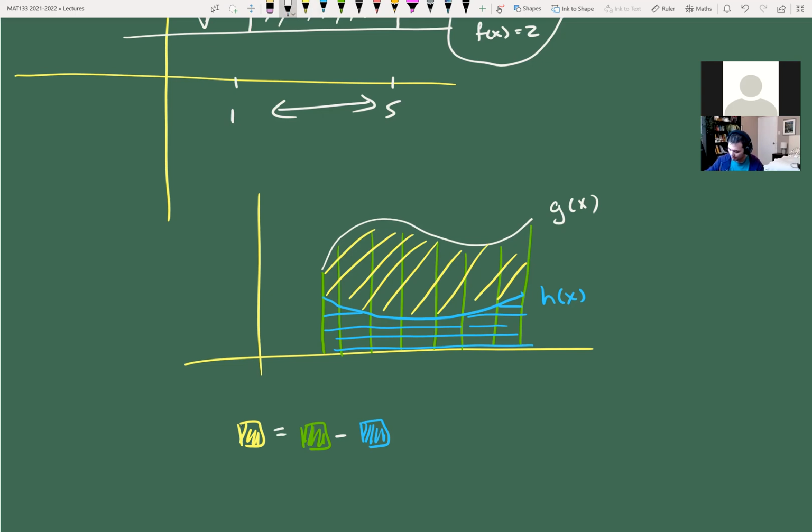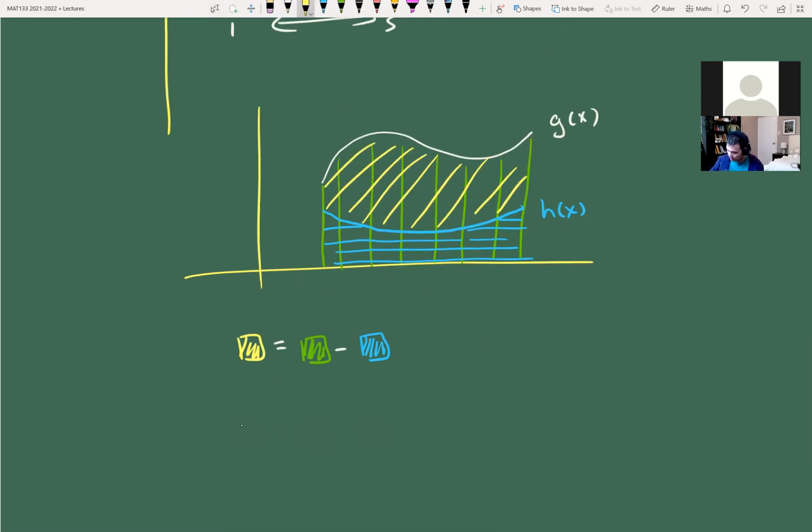And that says to me that the yellow stuff, the area I'm after, is equal to the integral of g of x, and I guess we call this C and D, so from C to D, minus the integral from C to D of h of x. And if we want, we can just combine both of those things together.